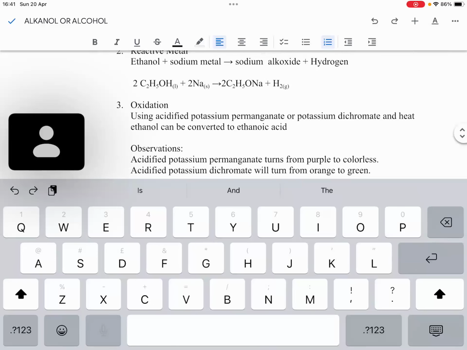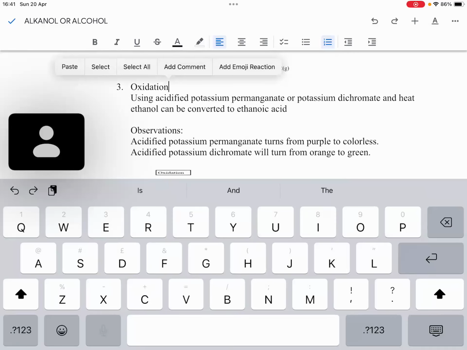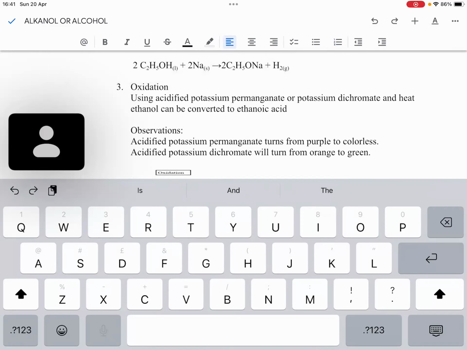Then we have oxidation. Ethanol can be oxidized using acidified potassium permanganate or potassium dichromate. When it's oxidized, it forms ethanoic acid.